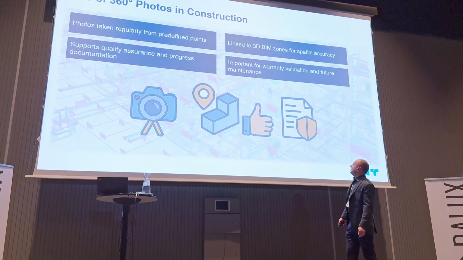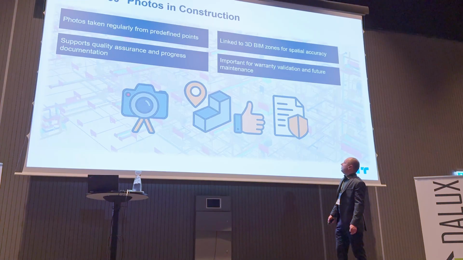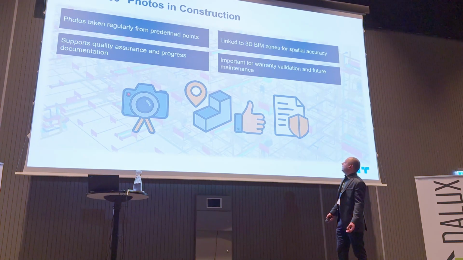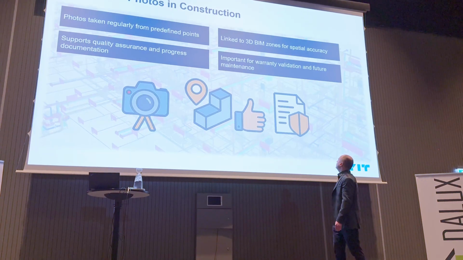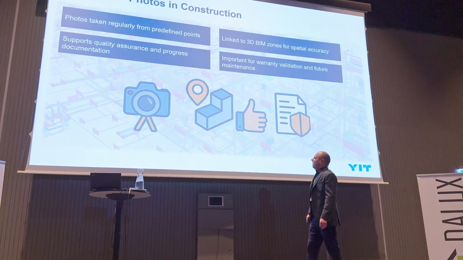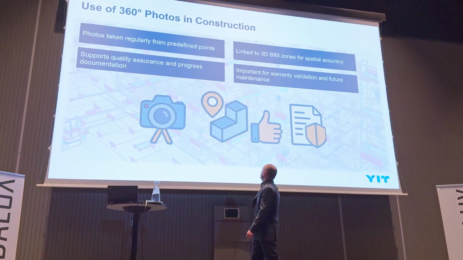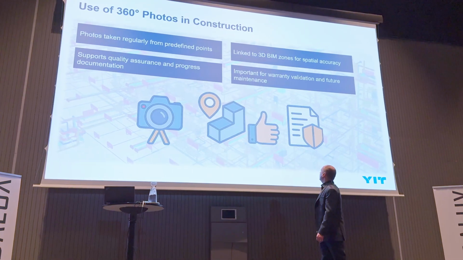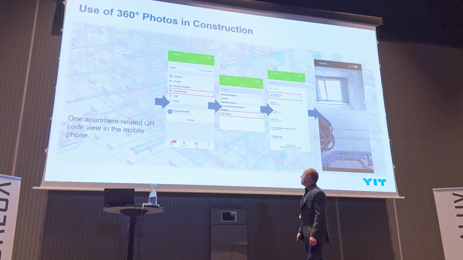About the use of those 360 photos in construction, like I told, they are linked to the 3D BIM model for spatial accuracy. They support quality assurance and progress documentation, and are important for warranty validation and future maintenance.